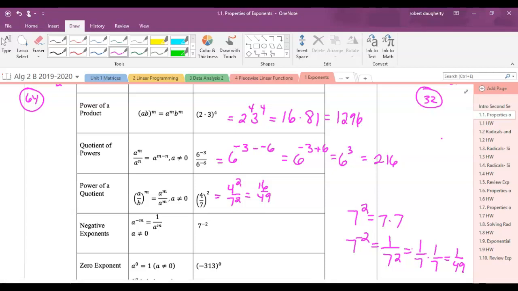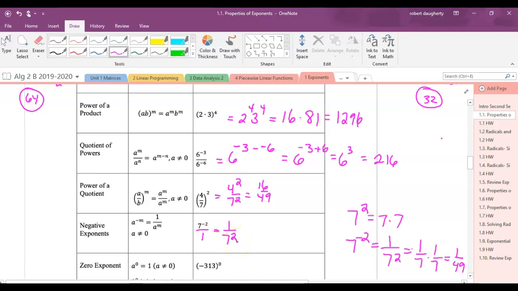The way we handle negative exponents is, when I see something like 7 to the negative 2, think of it like this. Is that negative exponent in the top of my fraction or the bottom of the fraction? It's in the top of the fraction. It will become positive when I move it to the bottom. So all you have to do with negative exponents is write this as 1 over 7 squared.